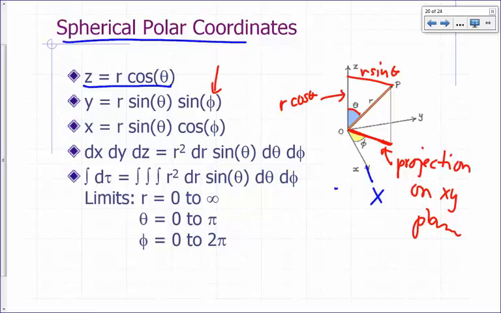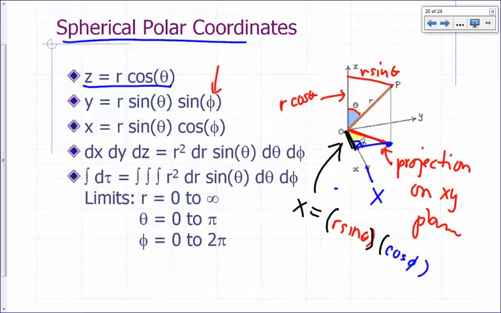If I drop a perpendicular line from the projection to the x-axis, this is another right triangle right there, and you can see that this length right here, that's my x. My x is r sine theta, the hypotenuse, times cosine of phi, because there's your phi right there.